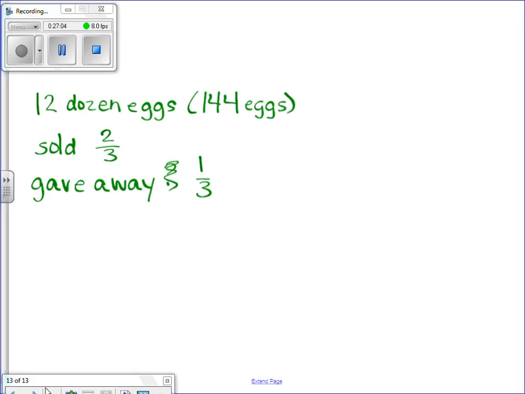So, he collected 12 dozen eggs. If he sold 2/3, gave away 1/3, one-third of the 12 dozen.